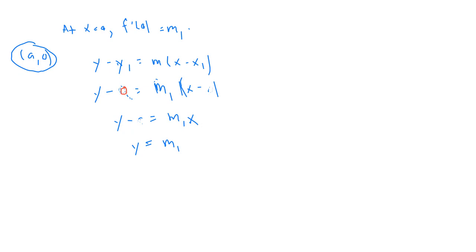Here's the point, a, 0. So y1 is 0 and x1 is a. That means y equals m1 times x minus a.